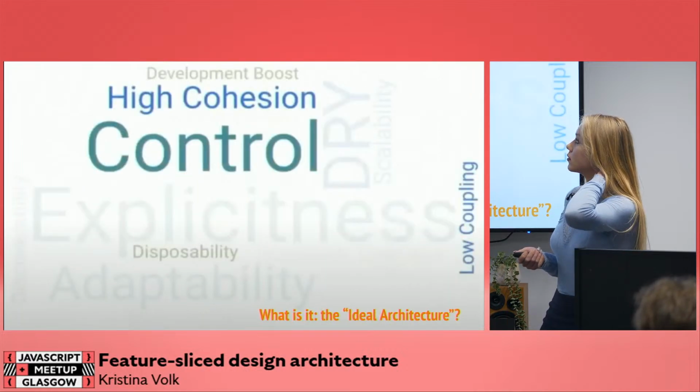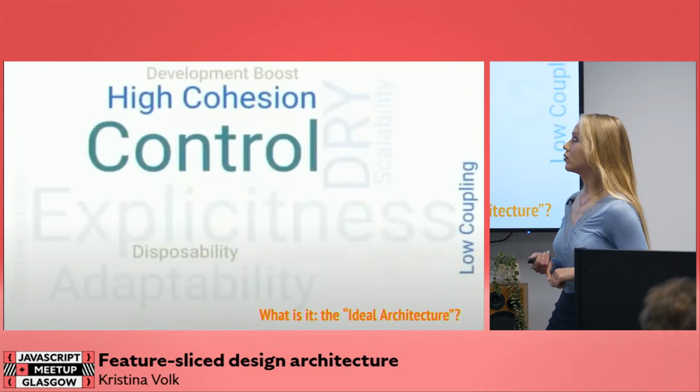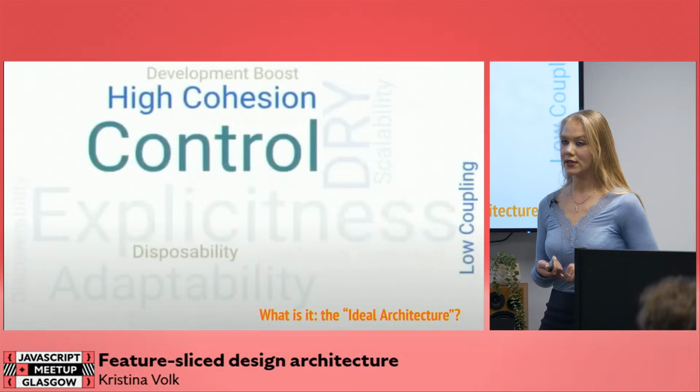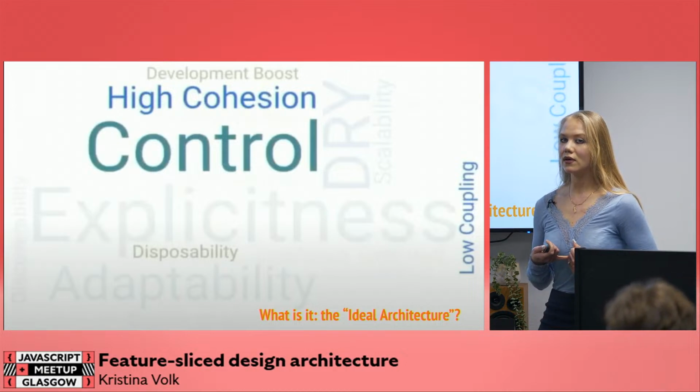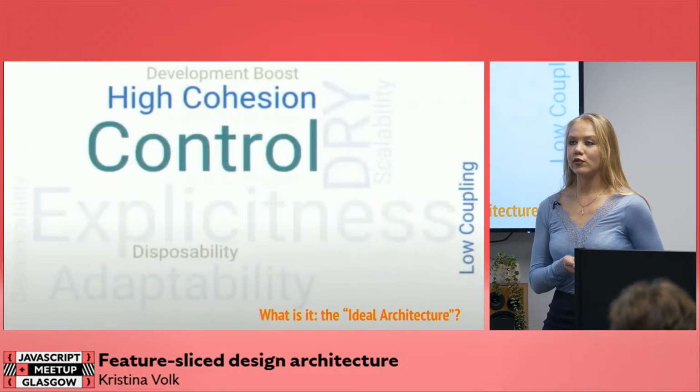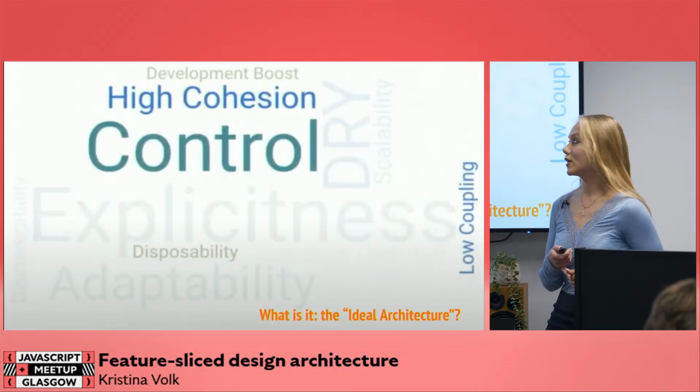Then we want control over our code base, so we can scale without experiencing any pains, and integrate new features without restructuring everything that we already have in our code base.